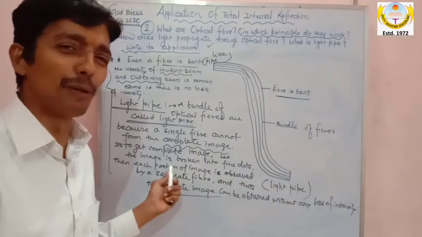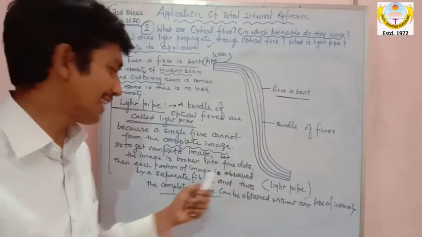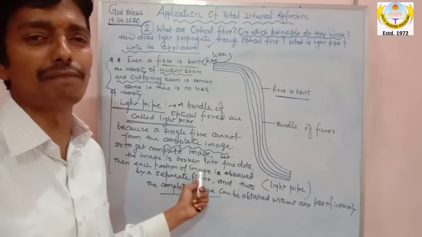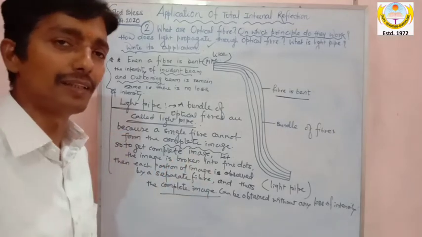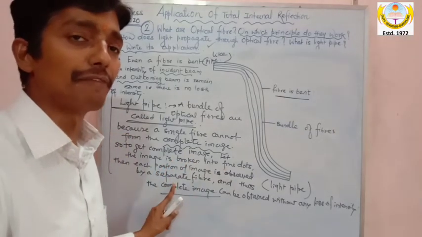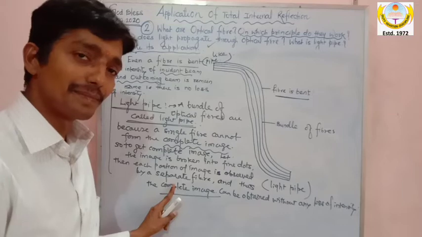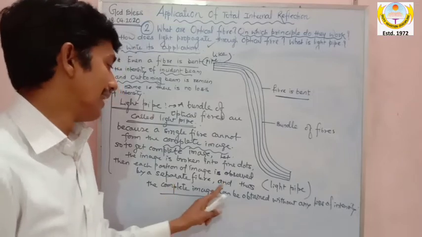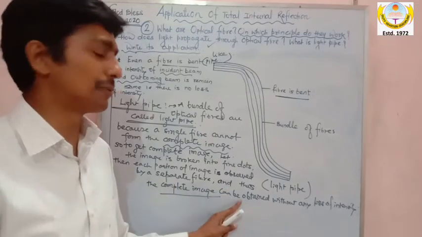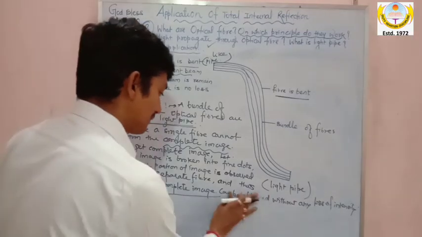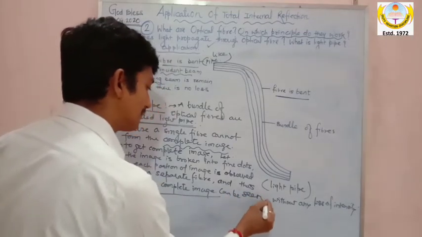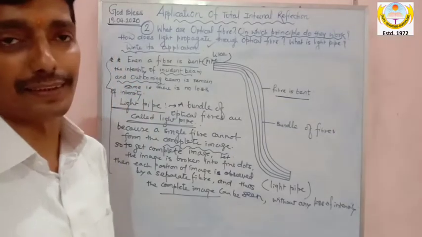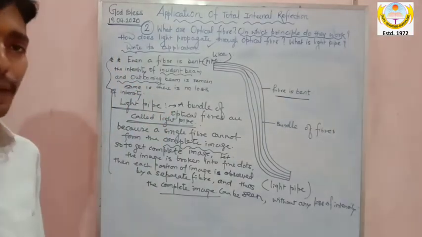Let us break the image into fine dots such that each portion of the image is observed by a separate fiber. I hope, my dear, and thus the complete image can be seen without any loss of intensity. So this is the concept of light pipe, my dear.